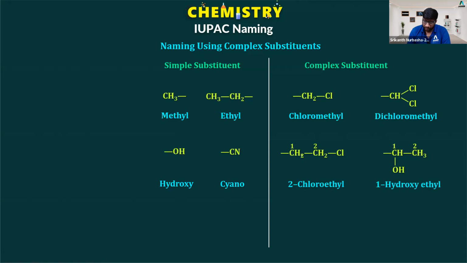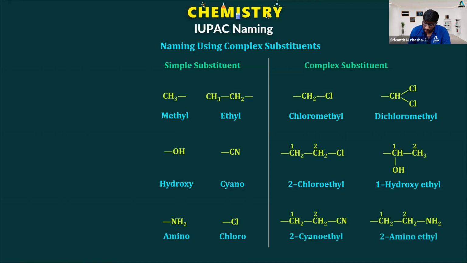If you have CH2CH3, it is ethyl, but on the second position you have chloro, so 2-chloroethyl. On the first position you have hydroxy, so 1-hydroxyethyl. NH2 is amino, Cl is chloro. CH2CH2CN is 2-cyanoethyl, and 2-aminoethyl. These are going to be the respective complex substituents.